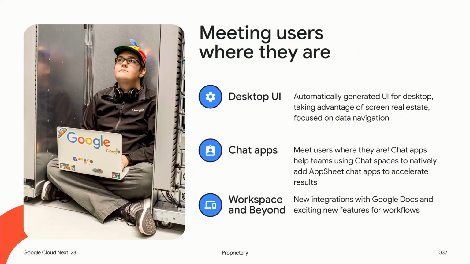The last one I'm going to mention before we go to that long-awaited demo is docs. Now, desktop and chat are very useful surfaces to interact with AppSheet apps, but they're not the end of the story. We have been hard at work making AppSheet apps run better and in ways that align with the needs of those 3 billion Workspace customers we mentioned a few minutes ago.